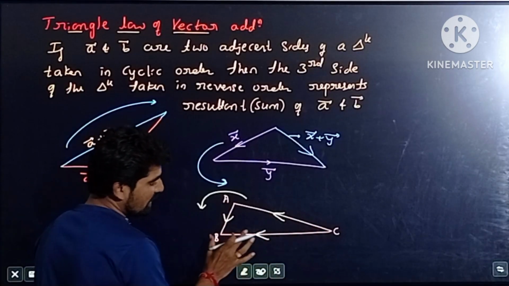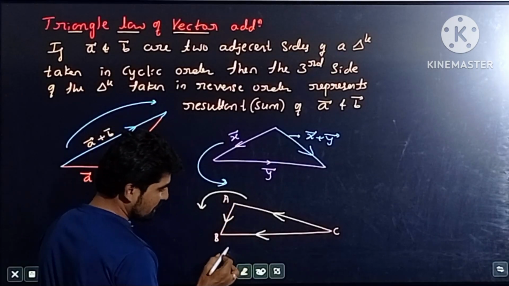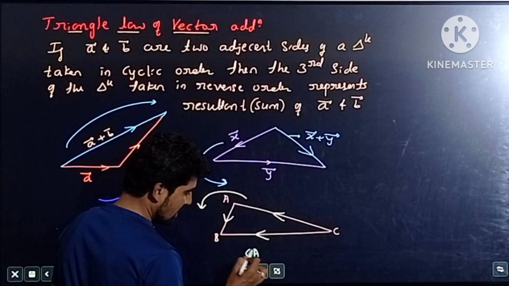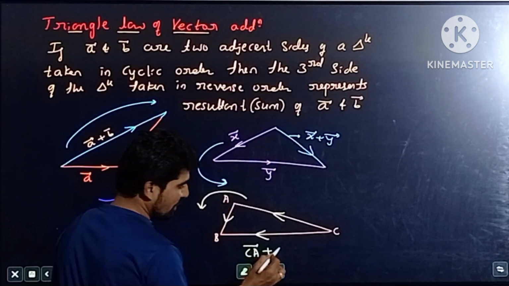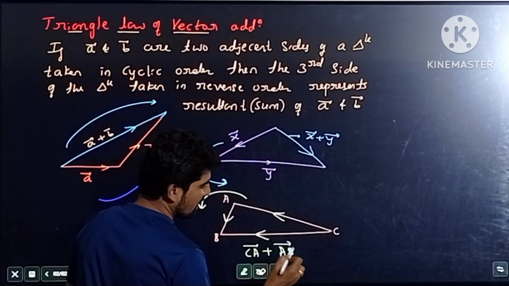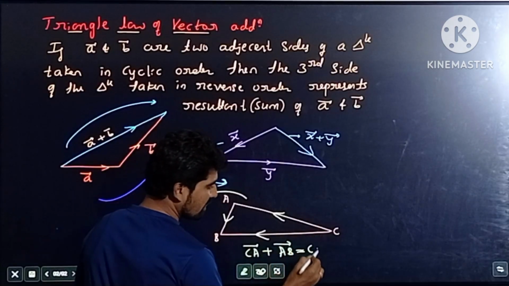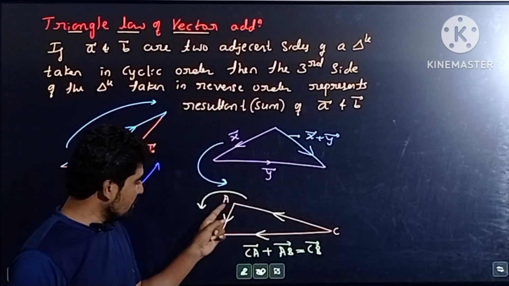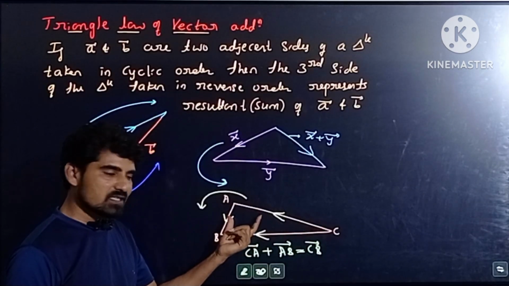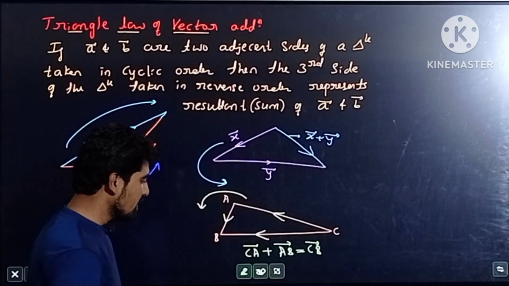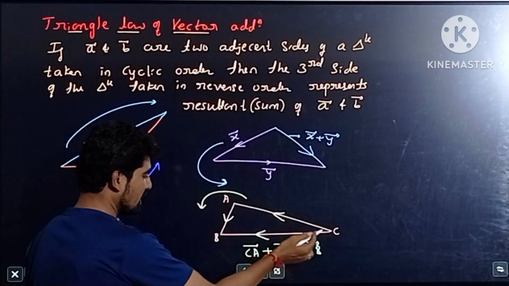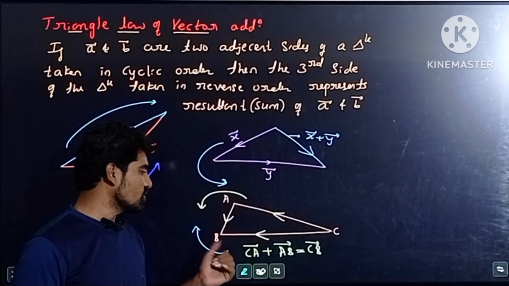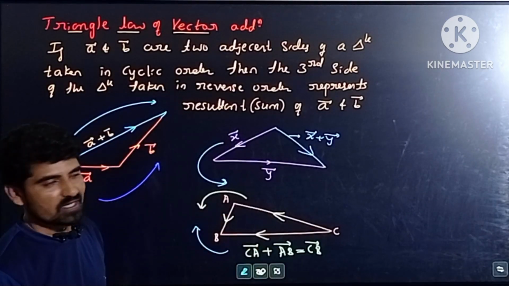Therefore, from the triangle law of vector addition, this can be expressed as CA vector plus AB vector equals CB vector. This is actually the triangle law of vector addition.